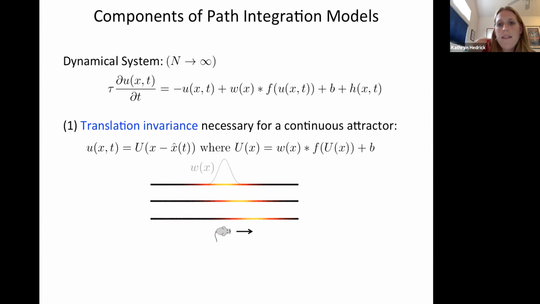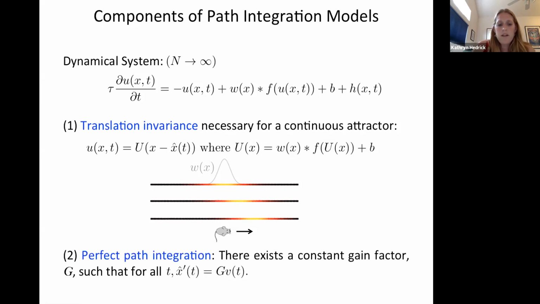Right, so for a path integration model, it has two components. The first is translation invariance of the activity bump. And really this is saying that we want the path integration model to lie in the larger class of continuous attractor neural network models. So the idea here is that when you have a self-motion input as the animal is moving, the activity bump should be translated across the cellular sheet without any mutations.